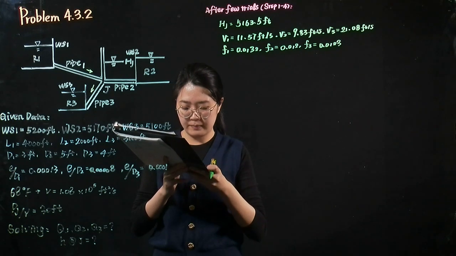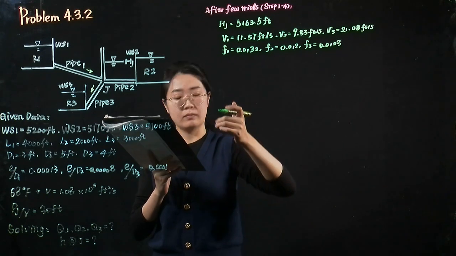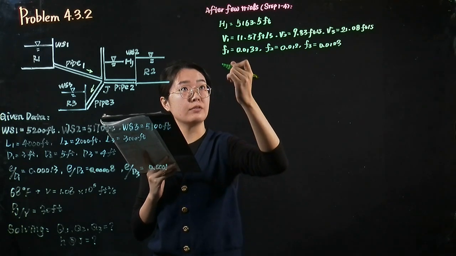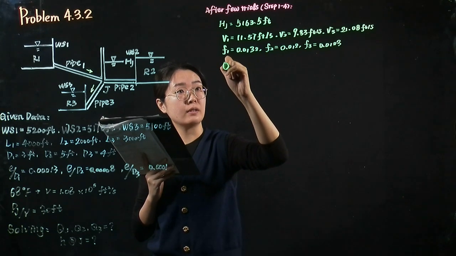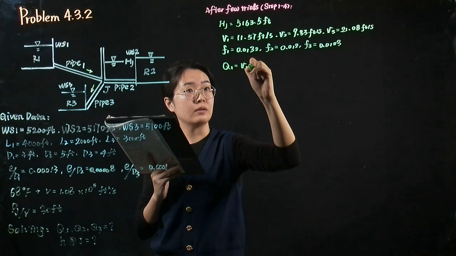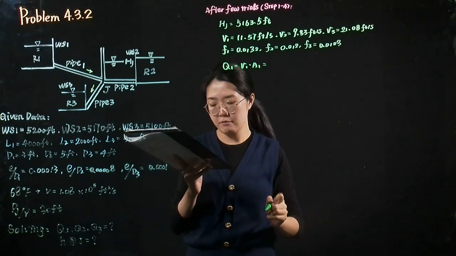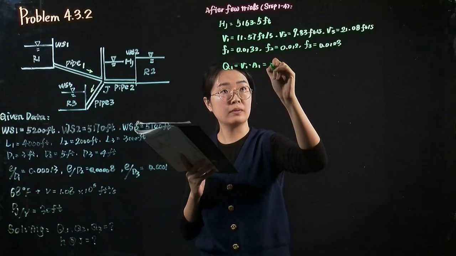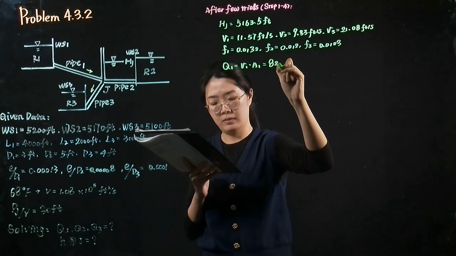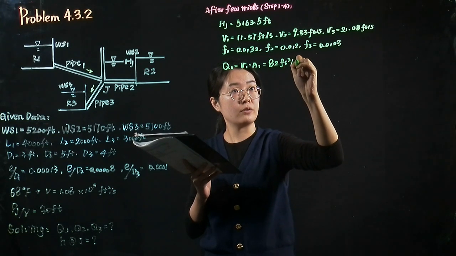Then we can calculate the flow rate in each pipeline. It equals to velocity times the area, it equals to 82 cubic feet per second.